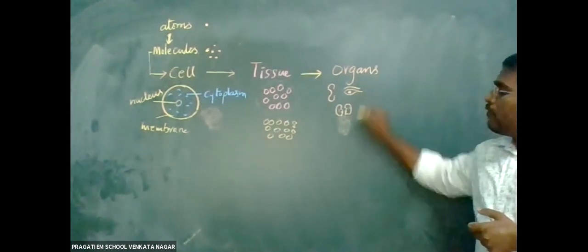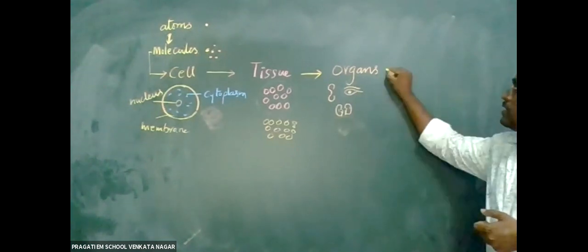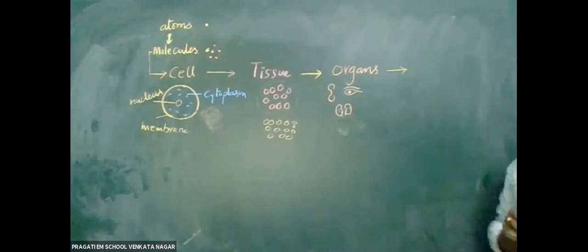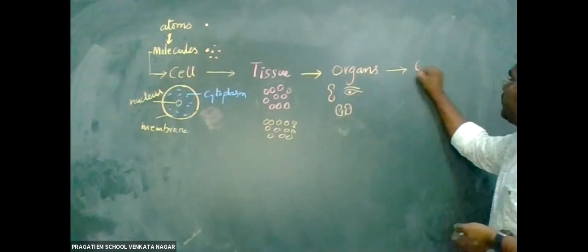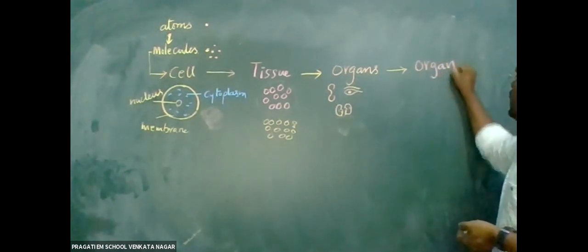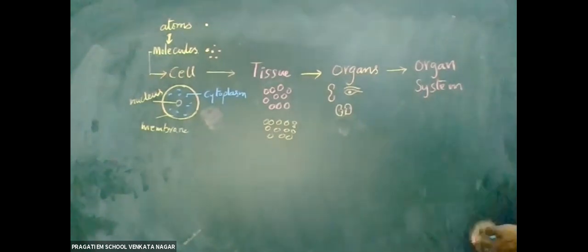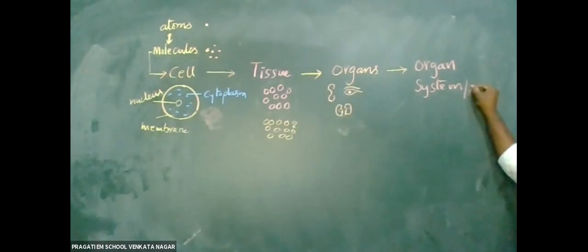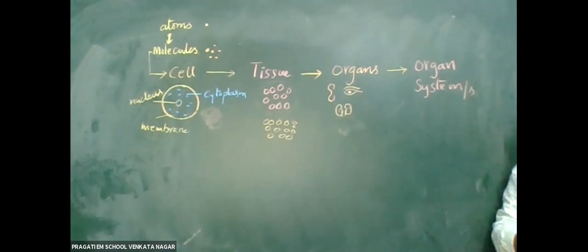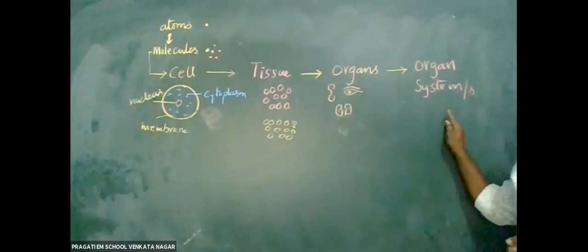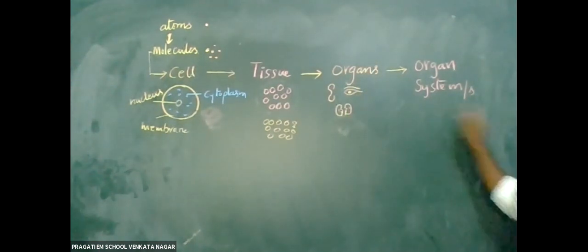This type of organs are composed to form organ systems. A group of organs combine to form organ systems.